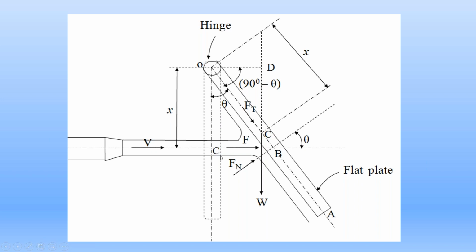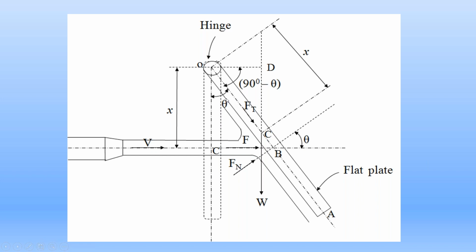Because of that force, there is a deflection in the plate. Let the plate be deflected by an angle theta. Initially the plate is vertical, but when the water jet applies the force, there is a deflection. That angle is theta.